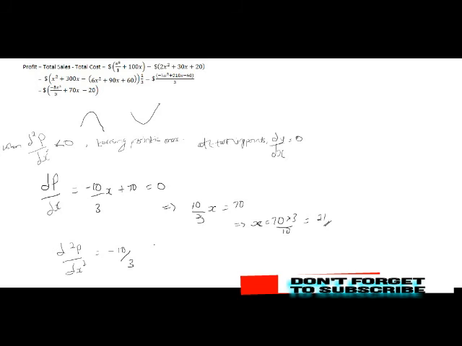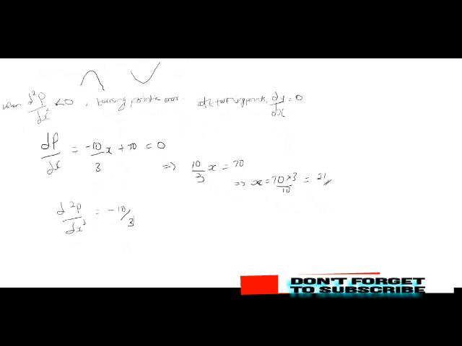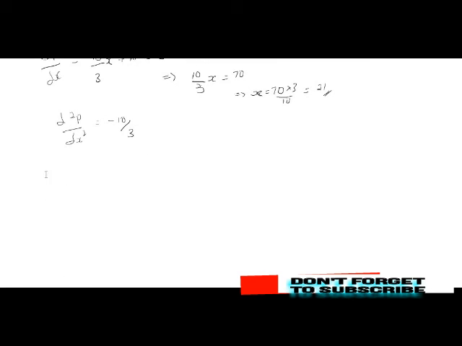To find this profit, we are simply going to substitute the value of x in our profit expression. So by substituting x equal to 21, we have our p to be, since our money is in dollars, we can put all this in brackets.